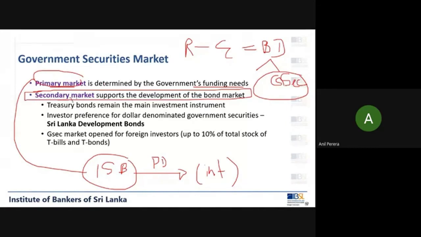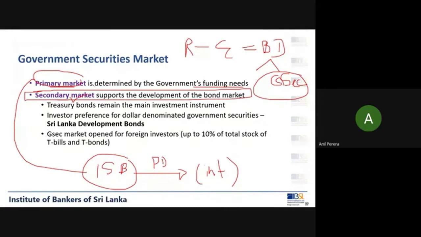That selling or buying part is happening in the secondary market. Now in Sri Lanka, the secondary market was not that active and liquid in the past, but now as there is an interest in investing in government securities, you can see some increased transactions.